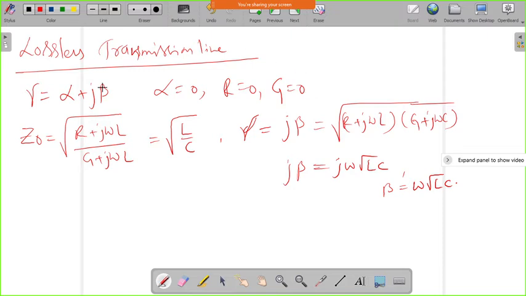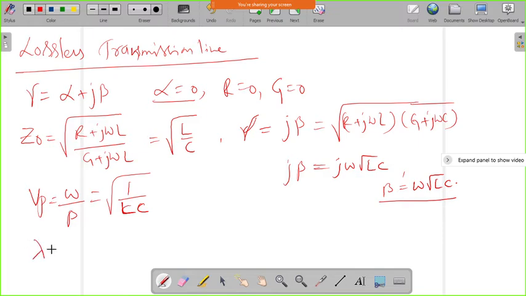So this is the lossless transmission line, the basic parameters: impedance, propagation constant, attenuation constant and the phase constant. Now we have the phase velocity also, that is omega by beta, which is equal to root of 1 by LC. If I substitute beta which is omega into root LC, we get 1 over root LC.